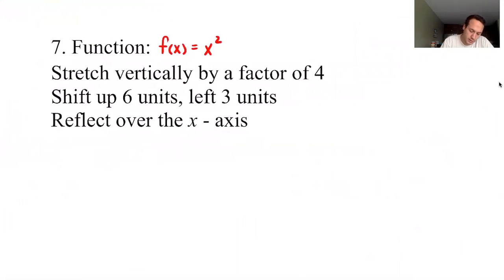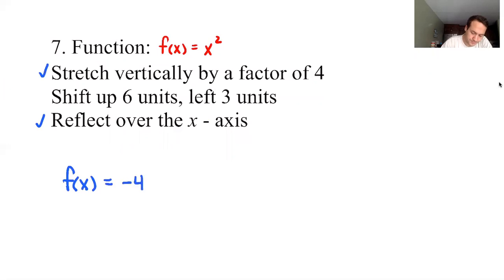Question 7 over here. I've got a little bit of everything. I've got a vertical stretch, a shift up, a shift left, a reflection. Perfect. So much going on here. I'm going to take care of this reflection first. Now I'm going to take care of the vertical stretch.